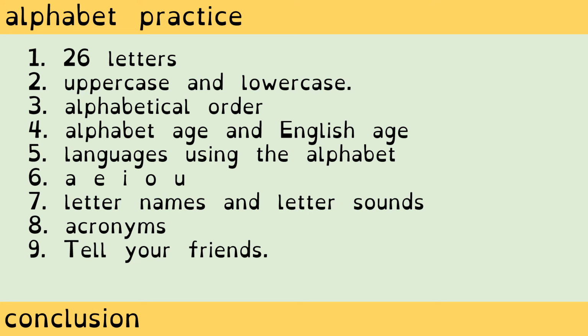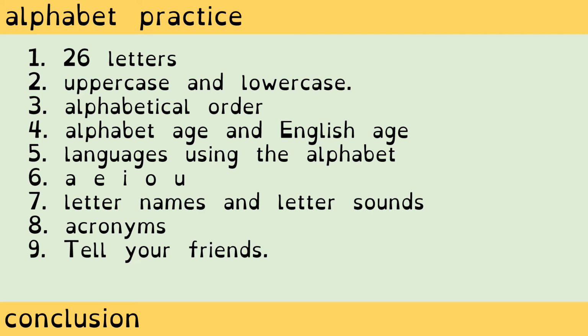Okay, so this is the end of the lesson. I am going to list off a bunch of things we discussed today. 1. 26 letters. There are 26 letters in the alphabet. 2. Uppercase and lowercase. Each letter has two forms, uppercase and lowercase. 3.